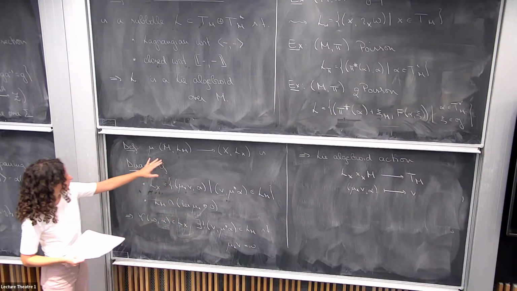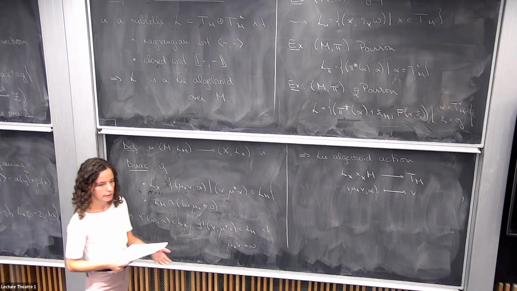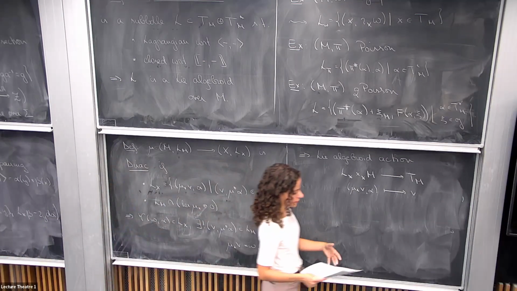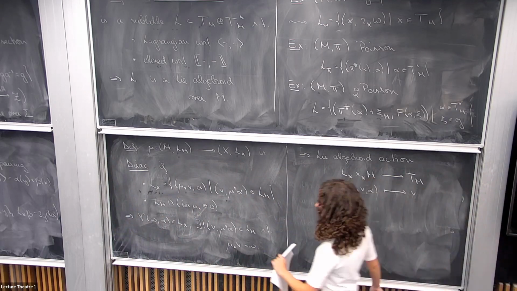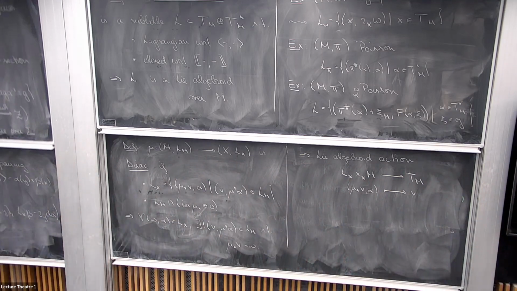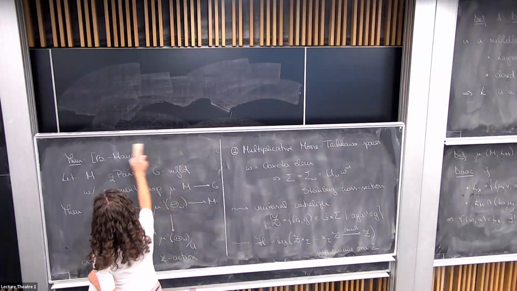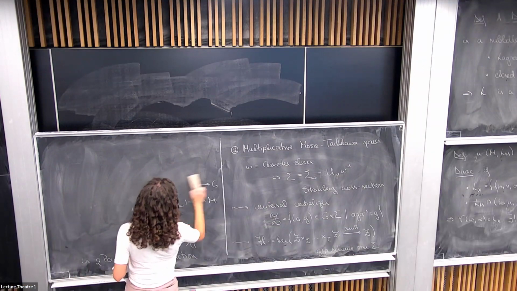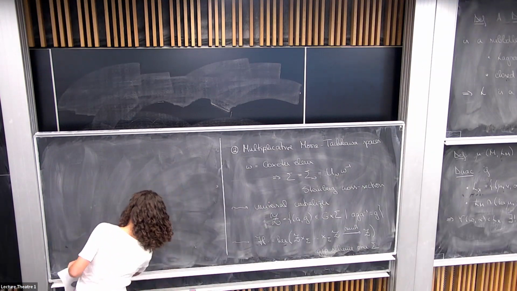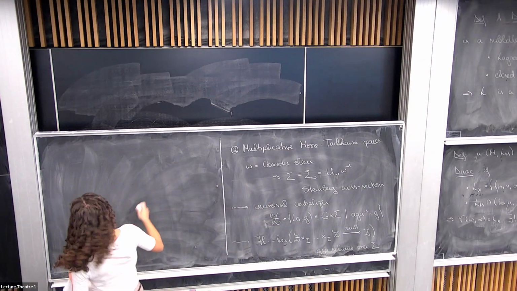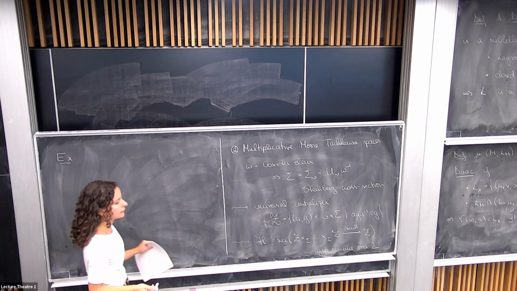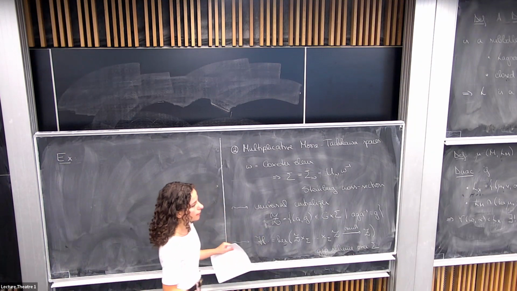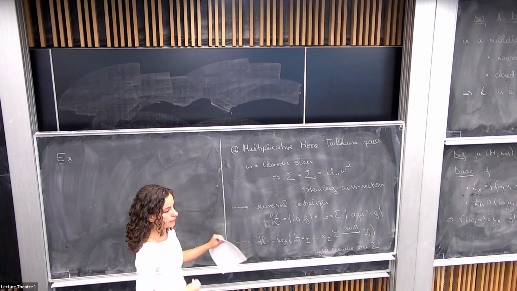So what this should remind you of is what I said at the very beginning about Poisson maps into G star giving us an action of the group G on the manifold that we're mapping from. So let me say some examples. If I view the dual of the Lie algebra, G star, it's a Poisson manifold, so I think of it as a Dirac manifold.